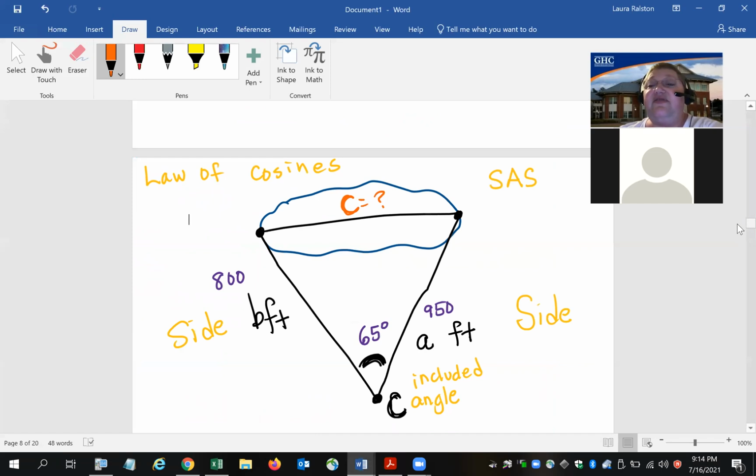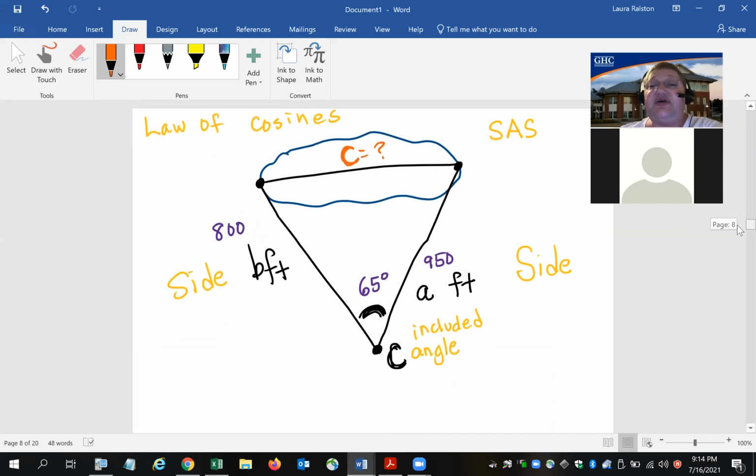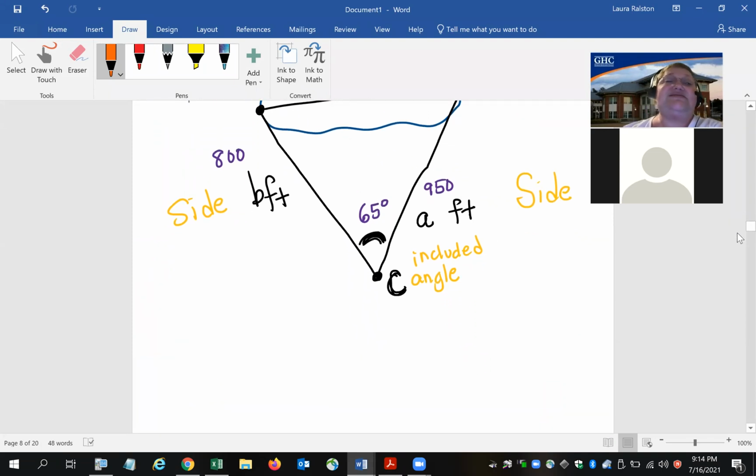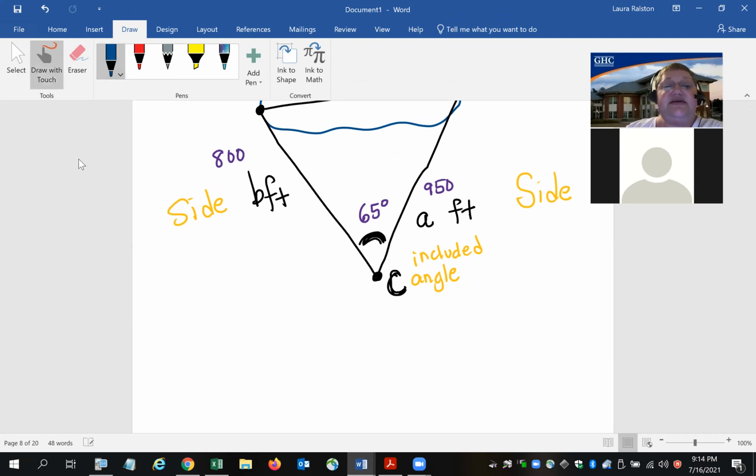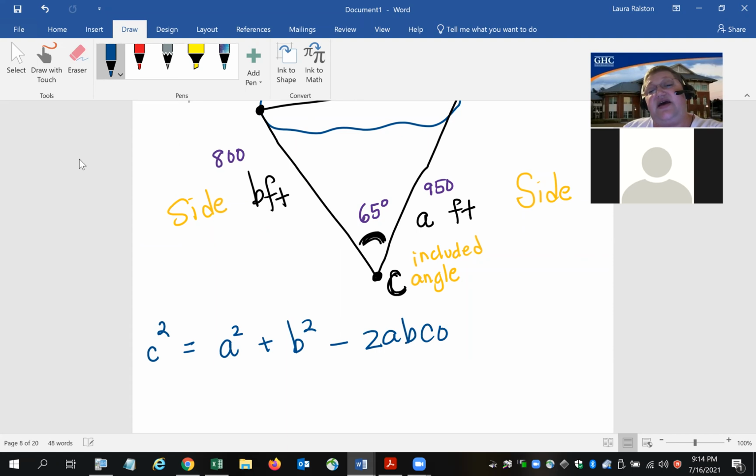Okay, so the law of cosines, which I have to use because I have side, angle, side, and I'm solving for side C, is: side C squared equals side A squared plus side B squared minus 2AB times the cosine of angle C. That's the formula.